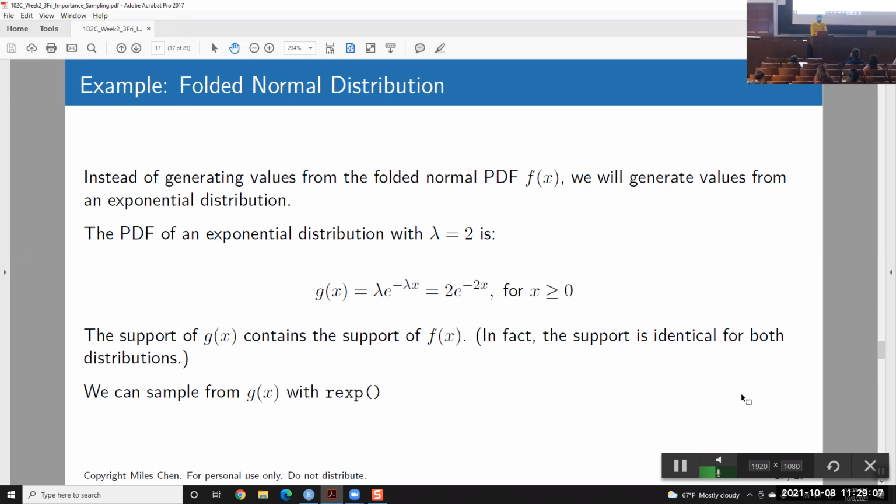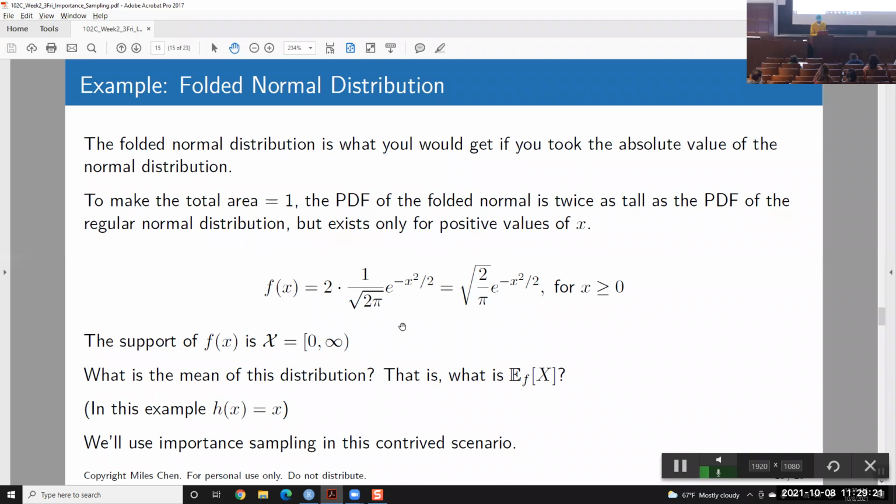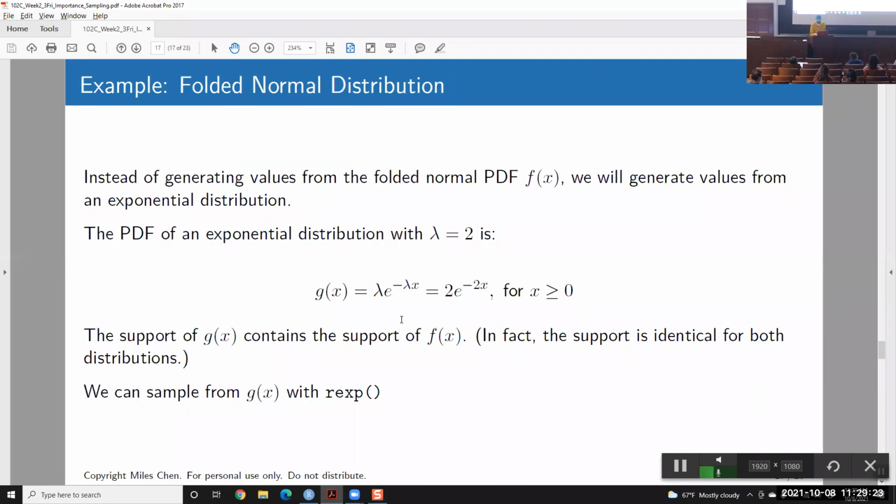Okay, so this is what we're going to do. We're going to generate values from an exponential distribution. The PDF of an exponential distribution is lambda e to the negative lambda x. Let's use lambda equal to 2. We could have used other values, but this will work well.